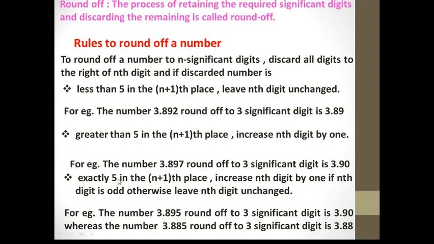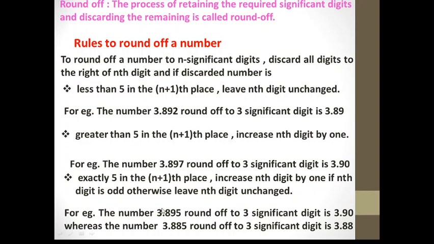Now there is a third possibility, that the discarded number is exactly 5 in the n plus 1th place. In this case, increase the nth digit by 1 if the nth digit is odd, otherwise leave it unchanged. It means if the nth digit is even, then it will remain unchanged.